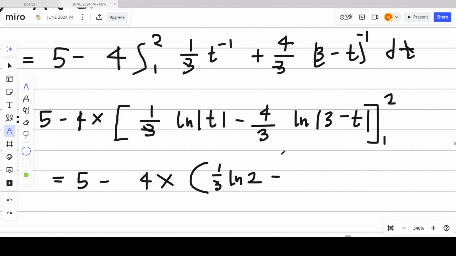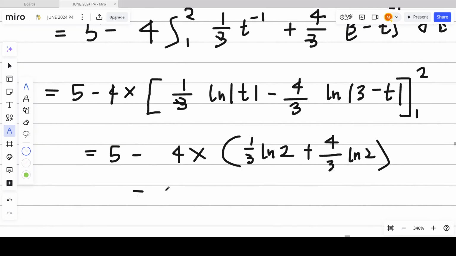Plus what? It will be plus because from the substitution of the upper limit, the lower limit gets subtracted. So that should be plus 4 over 3 ln 2. Right, now just do the calculations. We got 5 minus 1 over 3 plus 4 over 3, which is basically 5 over 3.